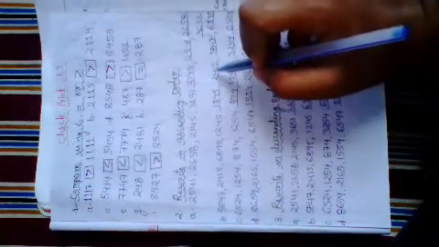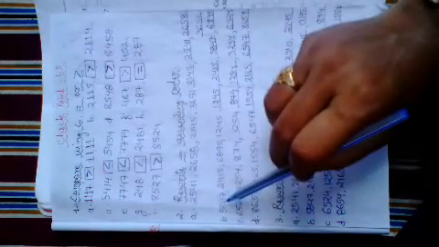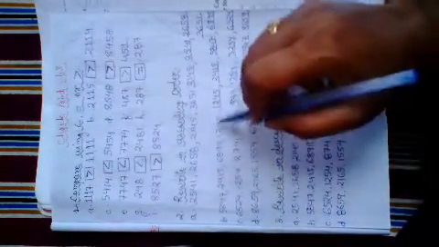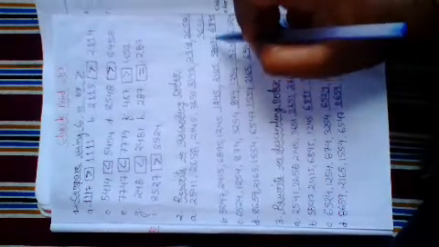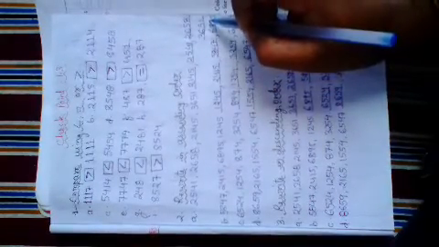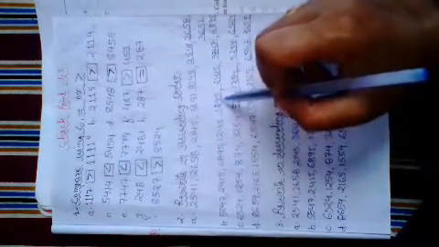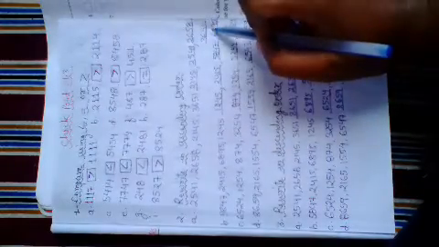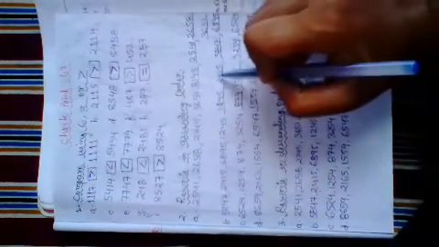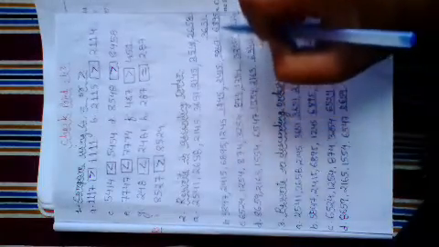So we write 2415. Then 5847. And the greatest number is 6895. So again, we write from smallest to greatest number. This will be your ascending order.